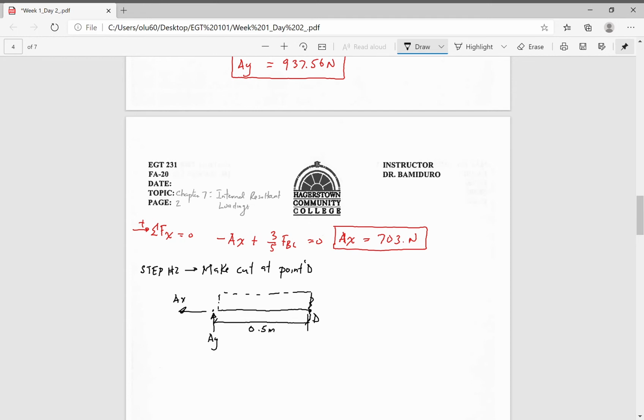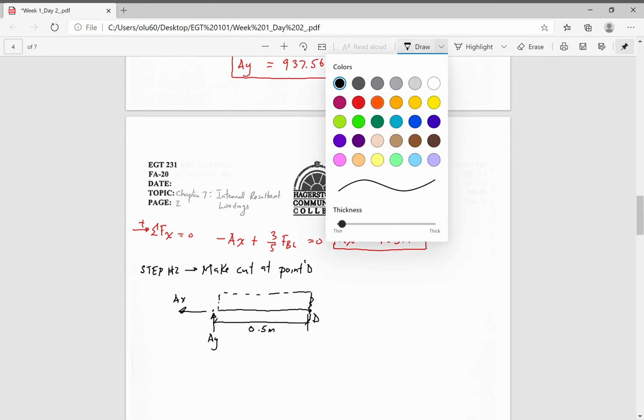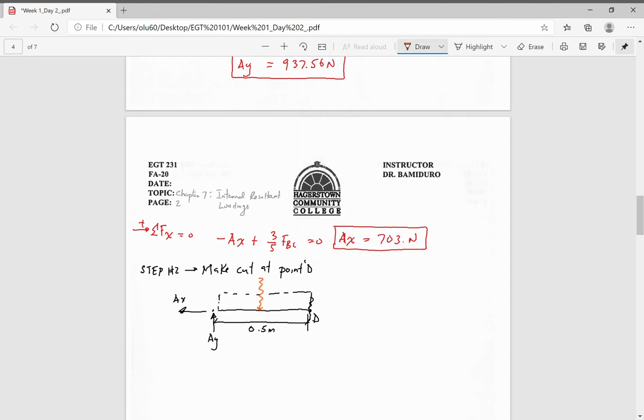Since we have that rectangular load, we have to find the resultant force, which is going to be 1.25 kilonewtons per meter times 0.5 meters, and that's going to give us 625 newtons.